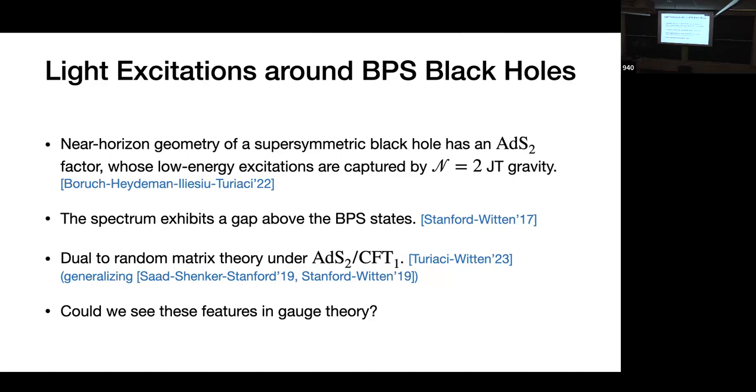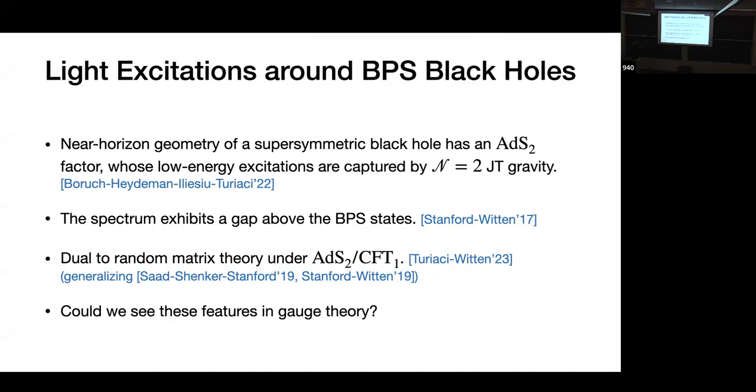N=2 JT gravity is actually one loop exact, and people have solved the spectrum in N=2 JT.